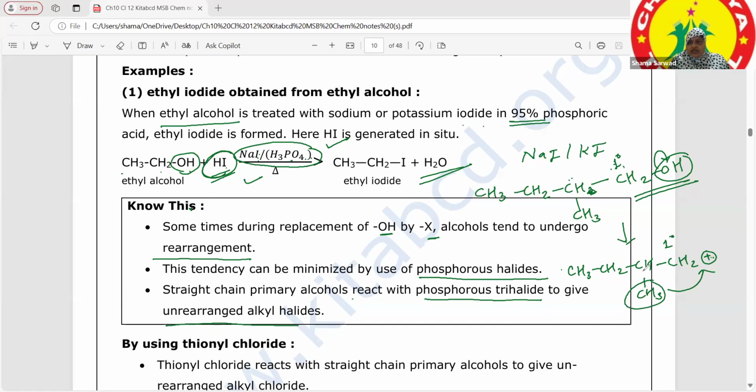So positive charge would be generated on this carbon. You will get CH3, CH2, CH, CH2, with the shifted CH3, and the positive charge at this carbon. And whatever halogen, bromine or iodine, it will be attached over here. So you will get secondary halide as a product.